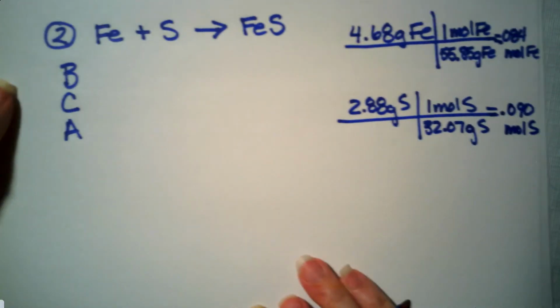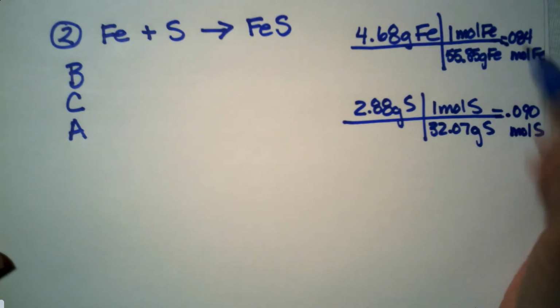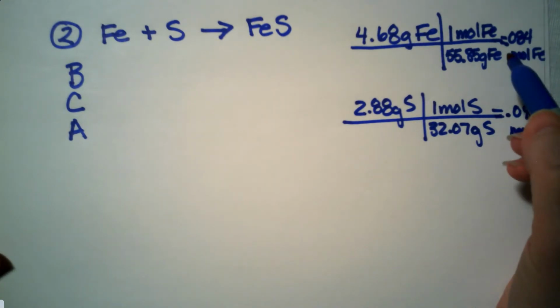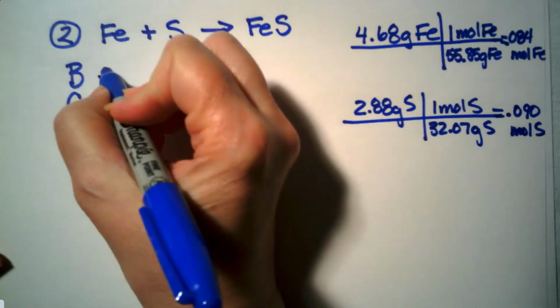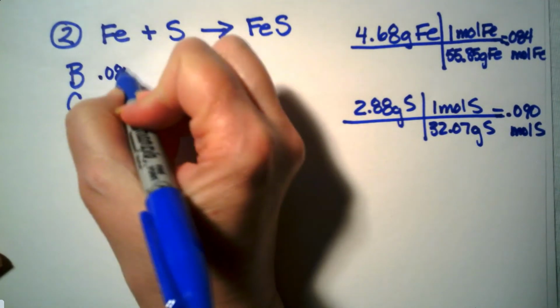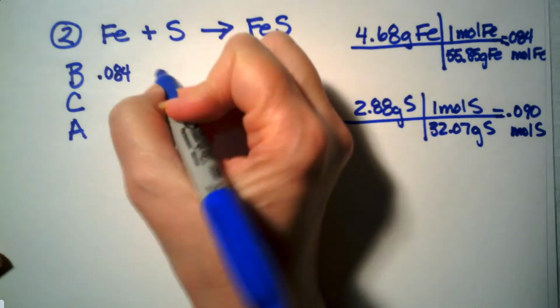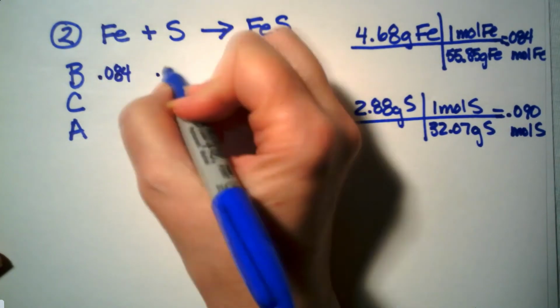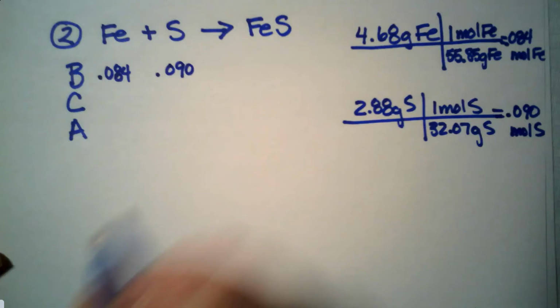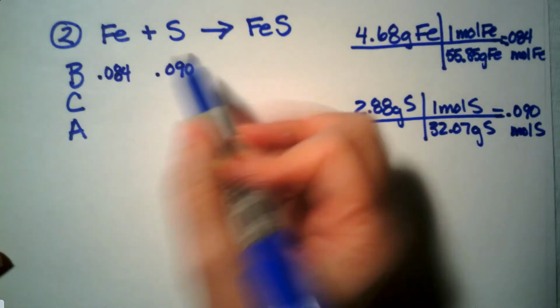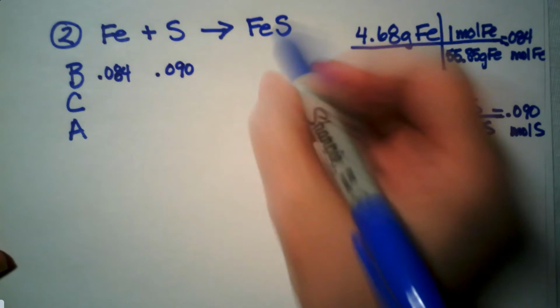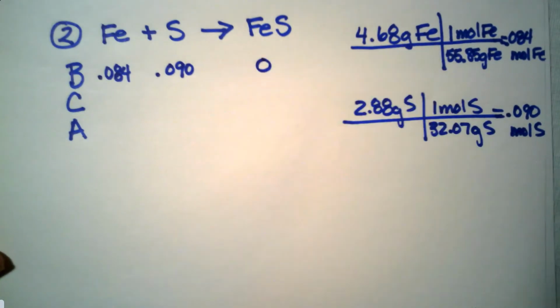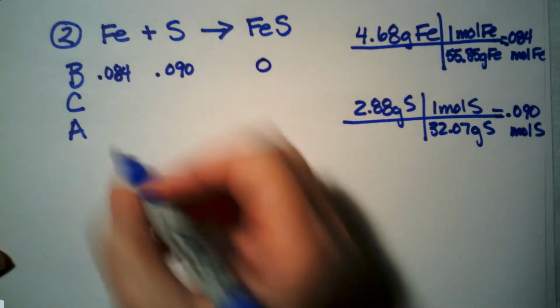So, having that, now we have our moles. These moles can go into our table. So we've got 0.084 moles and 0.090. And we know that before a reaction has even had a chance to take place, there is no product. So we know that one. Okay.